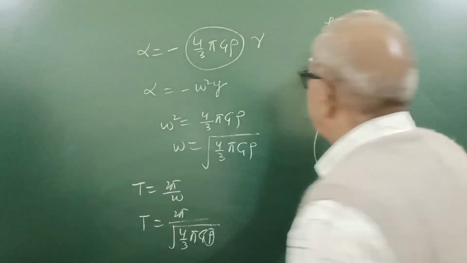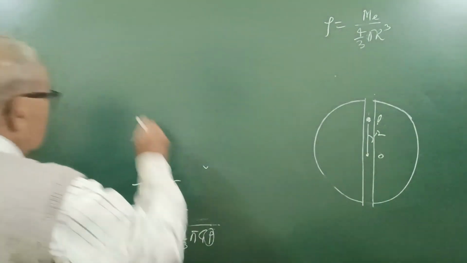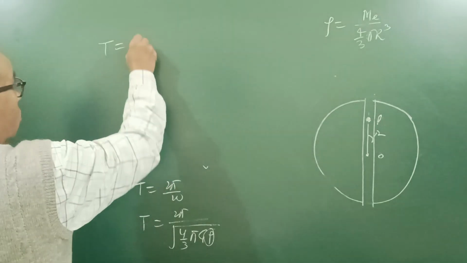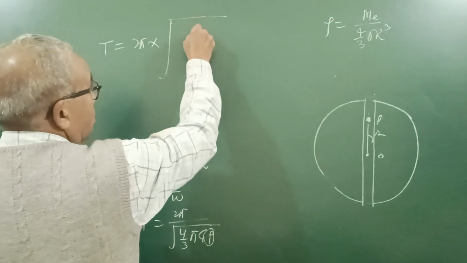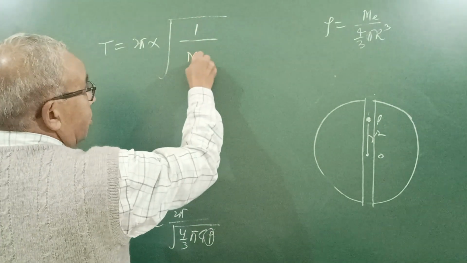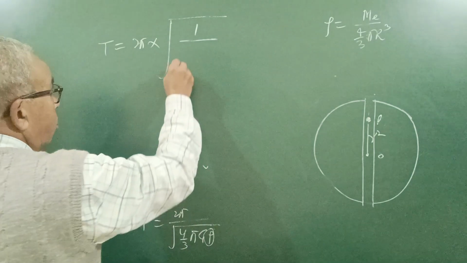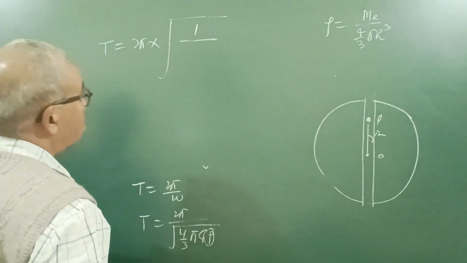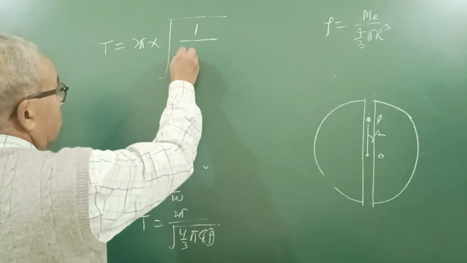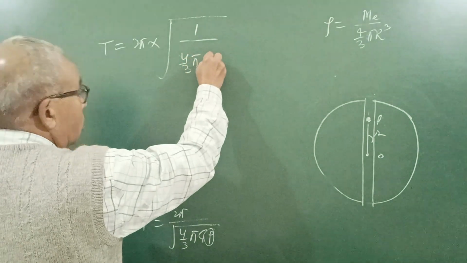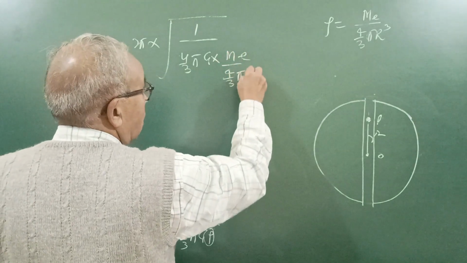If we put this value of rho here, what will we get? You will get T equal to 2 pi into under root 1 upon G into M_E upon 4 by 3 pi R cube.